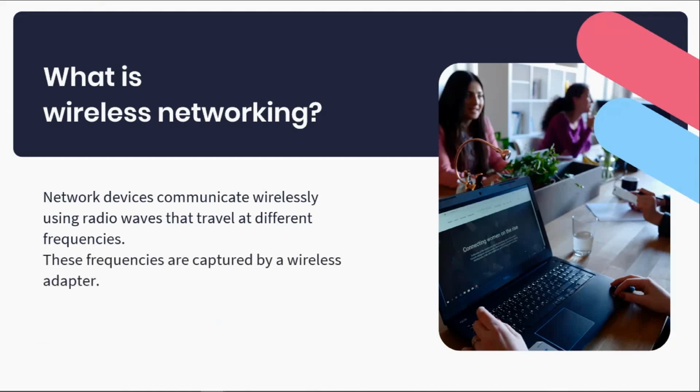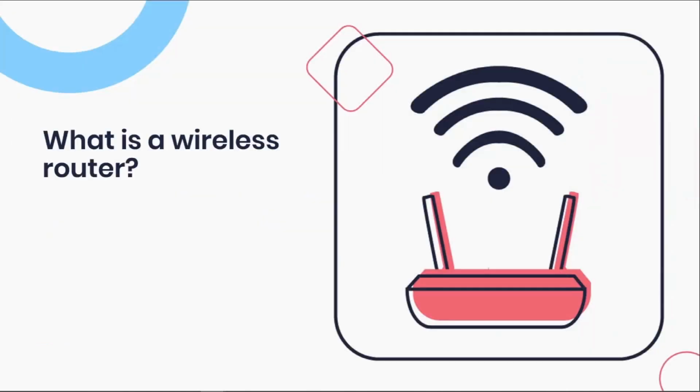A typical example of wireless networking would be the use of a Wi-Fi hotspot in a coffee shop, restaurant, or at a school or office. Do you remember our discussion in Lesson 2 about some of the benefits of a wireless network?